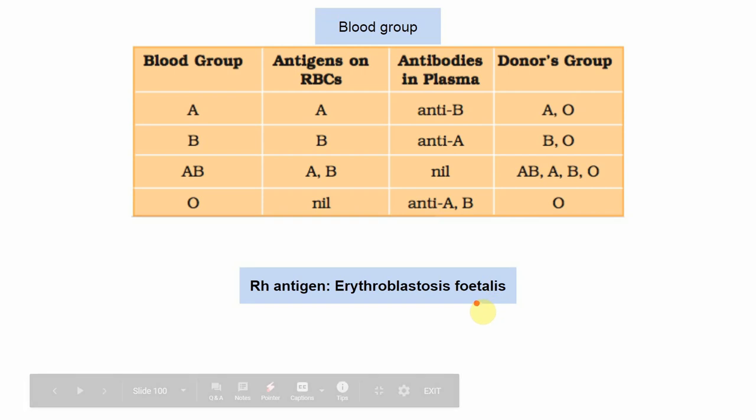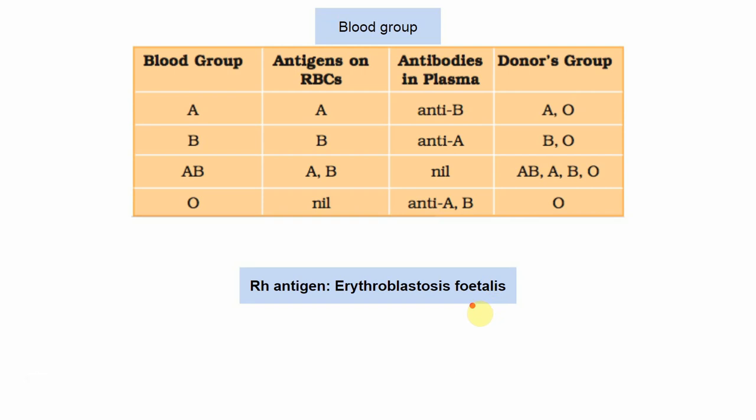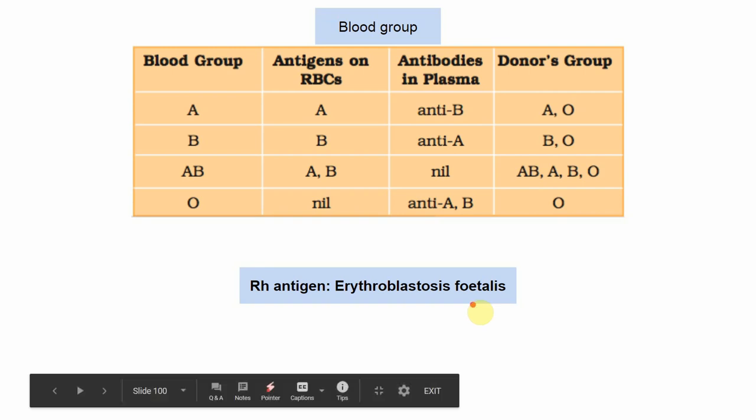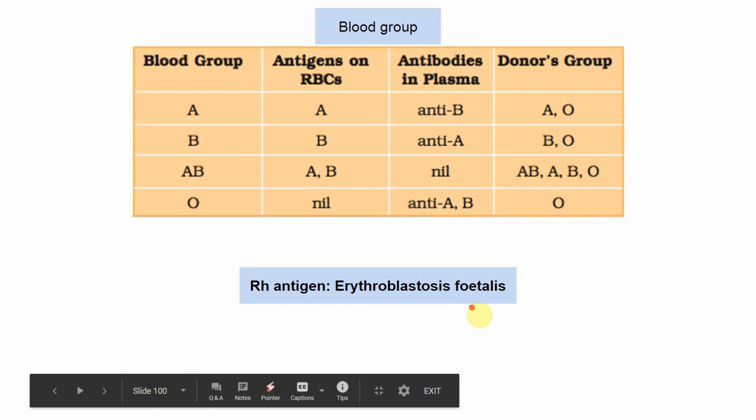For example, if the person's blood group is A positive, it means that the person's blood group is A, and the plus sign indicates the person is having Rh antigen, hence A positive. If it is A negative, the person's blood group is A, and the negative sign indicates the person is not having the Rh antigen, right?